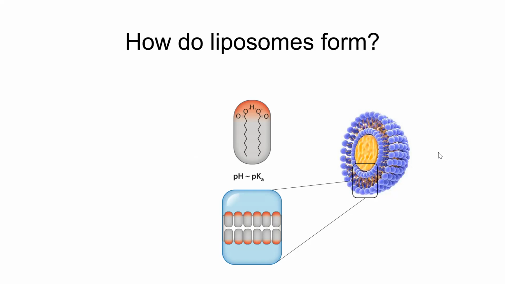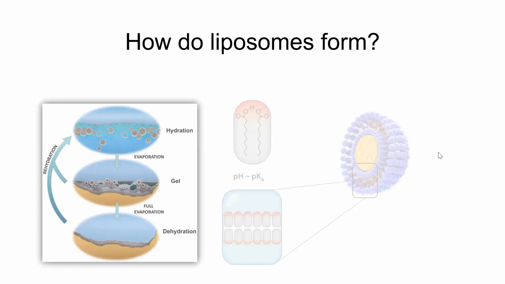Well, if we can think about ways to produce these lipids on early Earth, then we know that it's very easy to make liposomes. These molecules are called fatty acids because of the fat part, which is the hydrophobic chain, and acid because of the presence of a carboxylic acid on their head group.